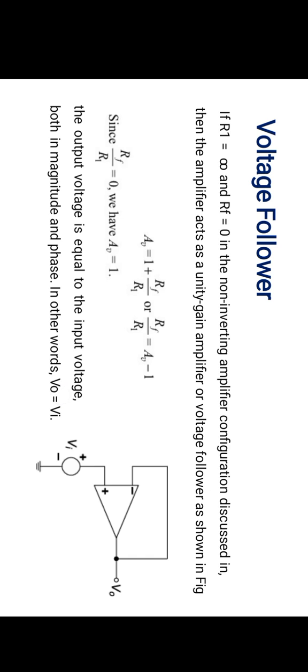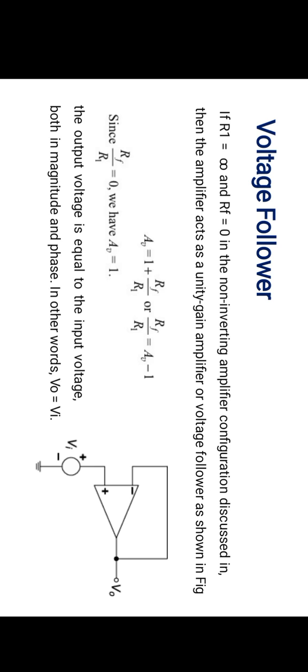Next, we can see the voltage follower. If R1 equal to infinity and Rf equal to 0 in the non-inverting amplifier configuration, then the amplifier acts as a unity gain amplifier or voltage follower.